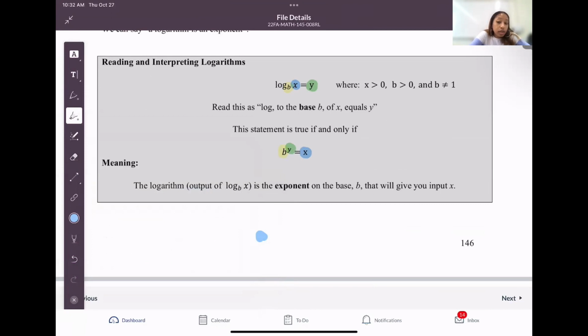So when we start off with the logarithm, whatever the base of the log is the same as the base for our exponential function. What the logarithm is equal to, that's what the exponent should be in exponential form. And then the other number is what our exponential form is equal to. So I'm going to do a quick example of this using actual numbers.